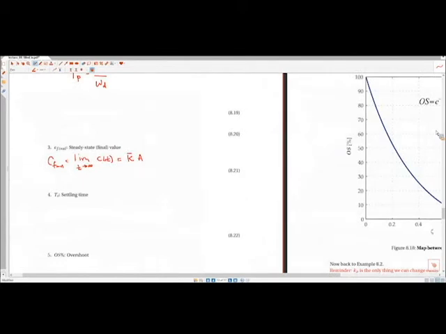And then we look at the last time at which the response is outside of this bound. All right, so this is going to continue to oscillate forever because e to the negative sigma dt only exponentially goes to 0. This will oscillate forever, but it is going to pass this threshold at some point, and we label this threshold Ts.